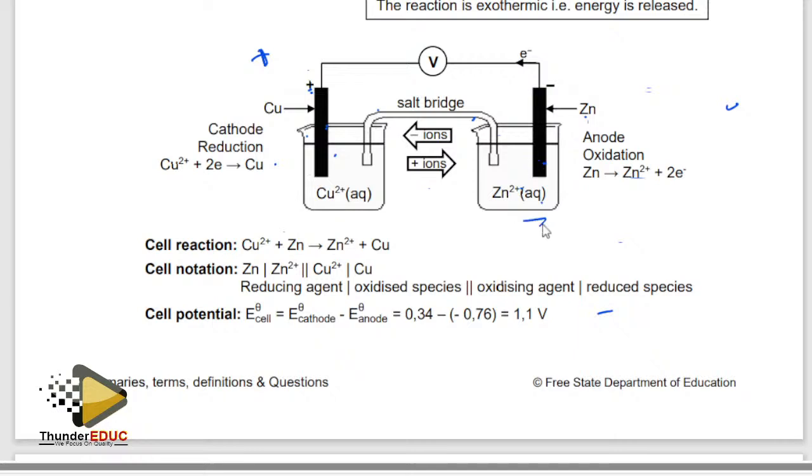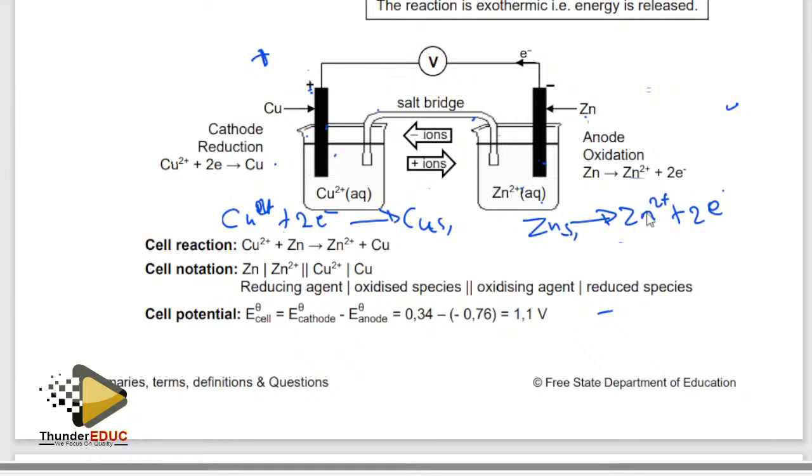So basically the zinc is going to dissolve here. Zinc gives me zinc 2 ions plus 2 electrons. And then here I'm going to have copper 2 ions plus 2 electrons, then I get copper solid.